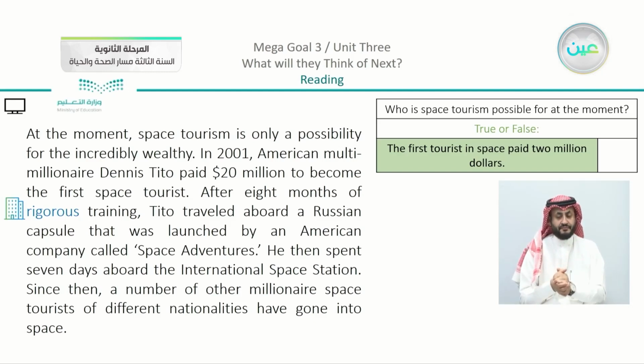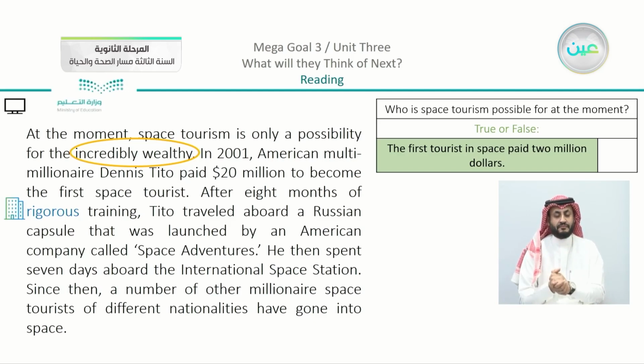Scanning from the very beginning of the paragraph, we can see that space tourism is only a possibility for the incredibly wealthy. So you must be very wealthy at the present time to go to space.